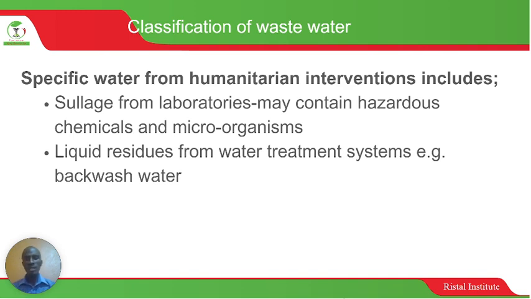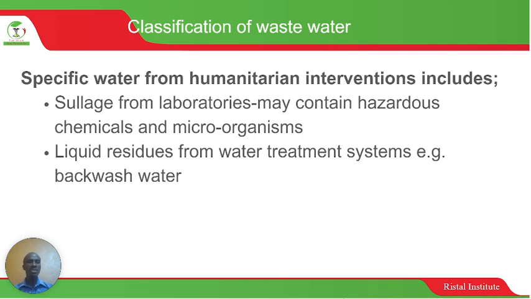So from humanitarian interventions, you could have sewage from laboratories, which may be used for surveillance to know whether these people who are in that humanitarian setting are having diseases. So they require water there.